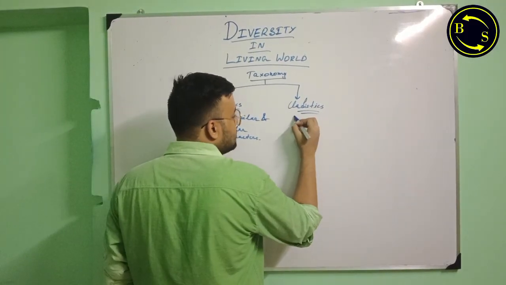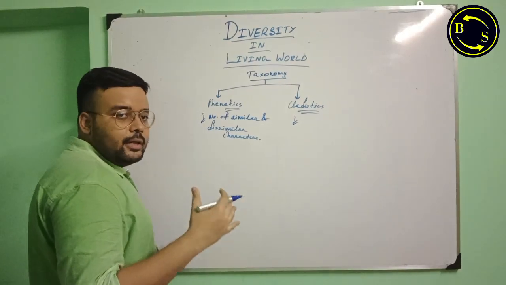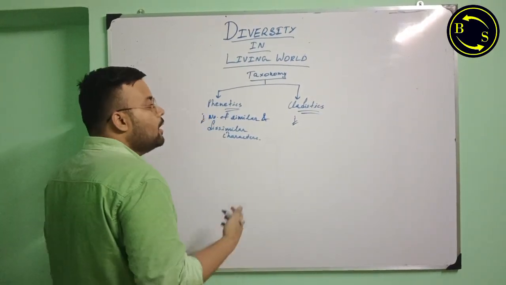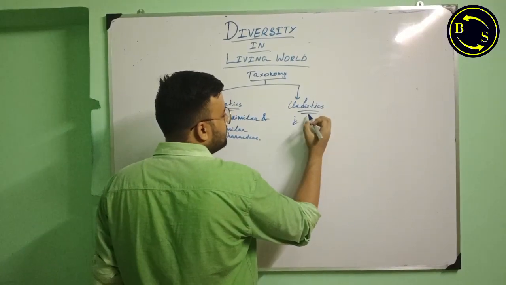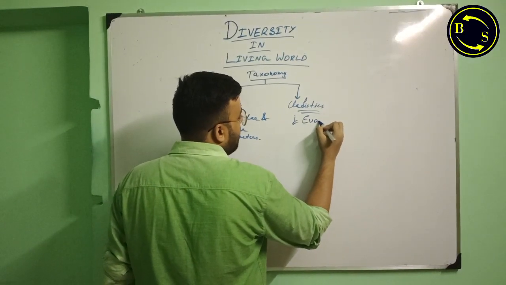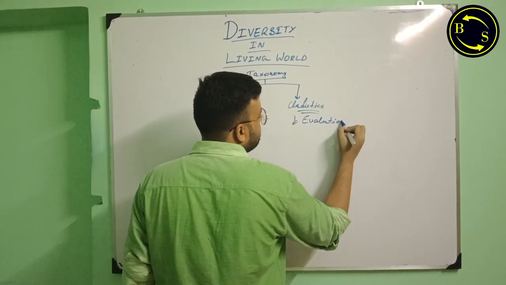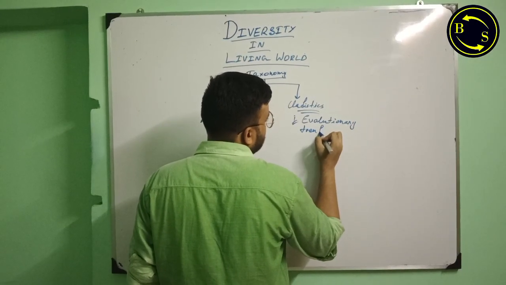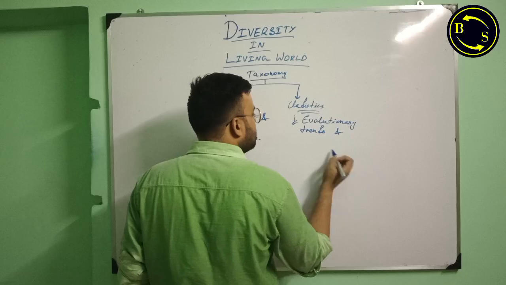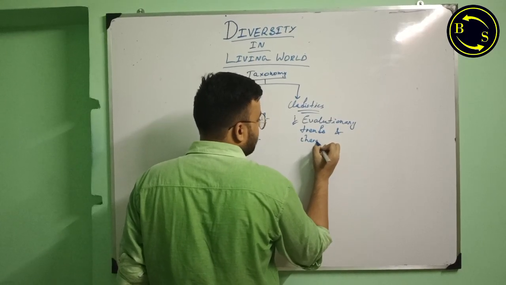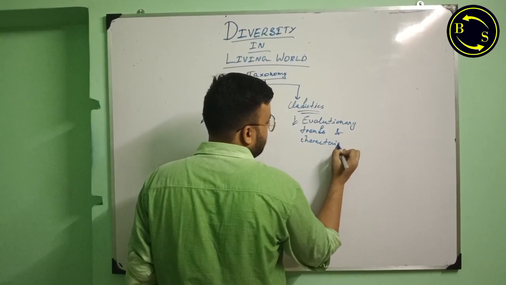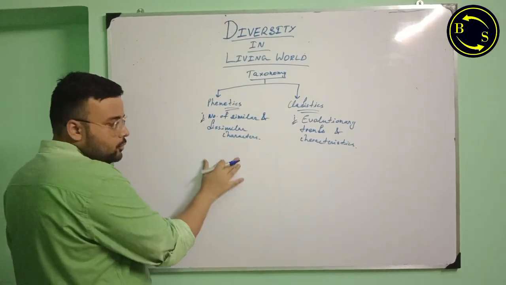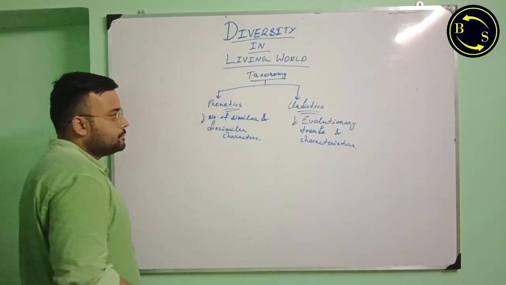Whereas cladistics groups living things, or divides the various groups among living things, based on evolutionary characteristics, based on evolutionary trends and characteristics. This is a quantitative approach, this is a qualitative approach.